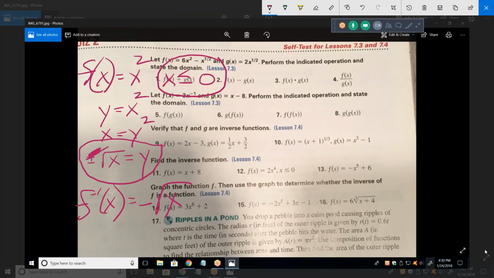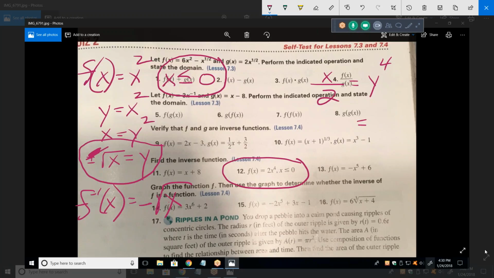Using that exact same analogy for 12, if you remember right, we had x over 2 equals y to the 4th. When you take even roots, your answer always begins with the words plus or minus.